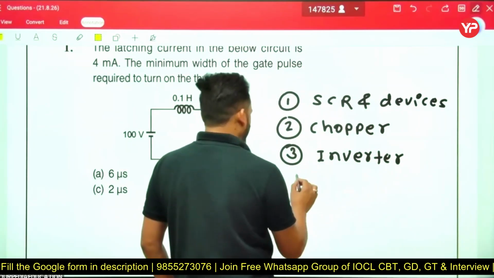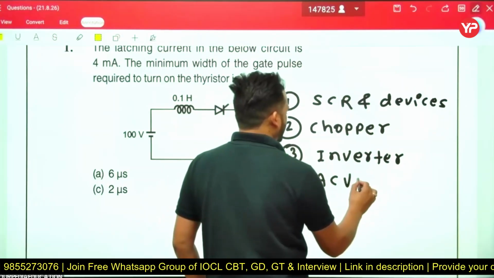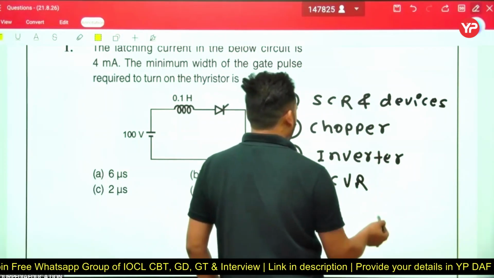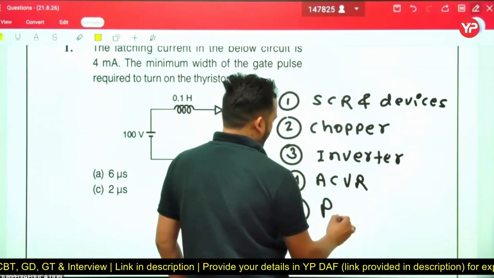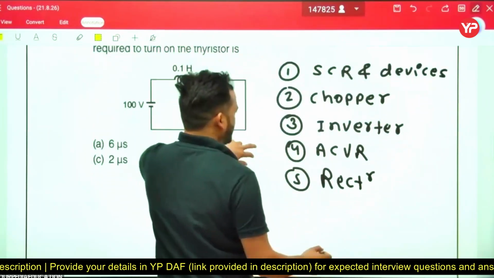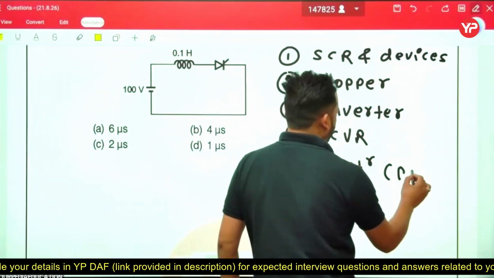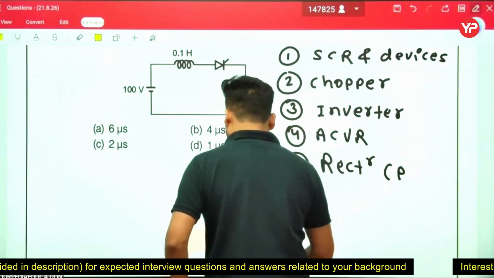Then we discuss AC voltage regulator and cycloconverter also. The fifth chapter is rectifier, or we can say phase control rectifier.